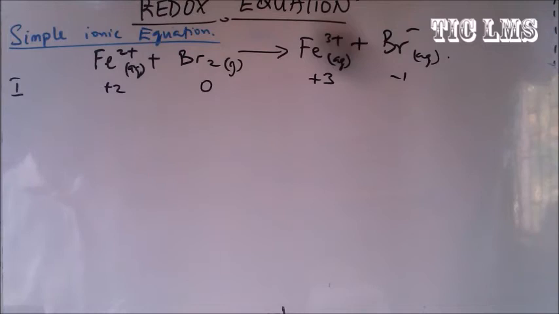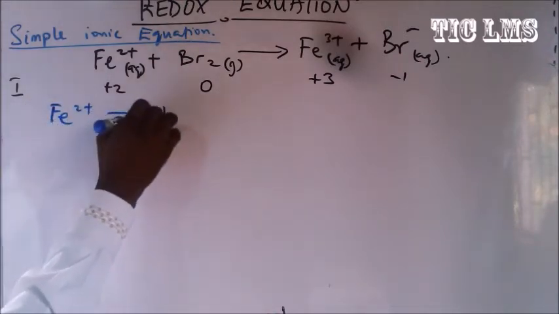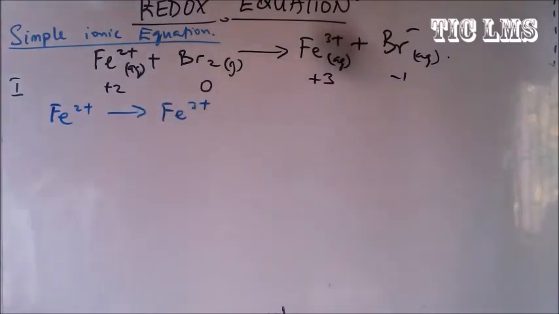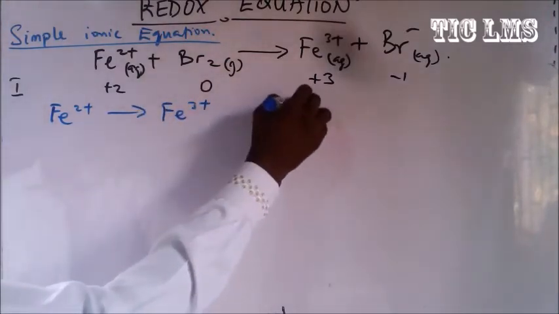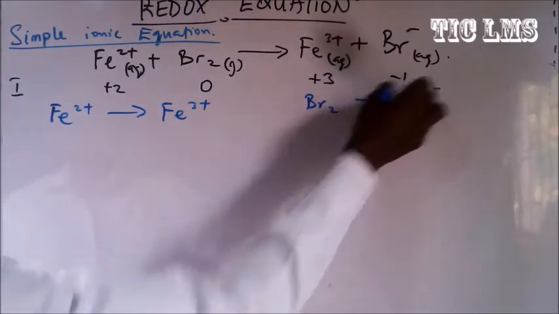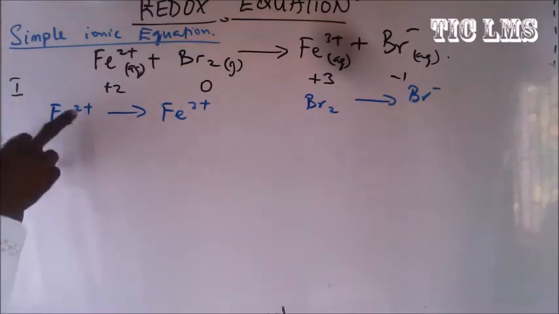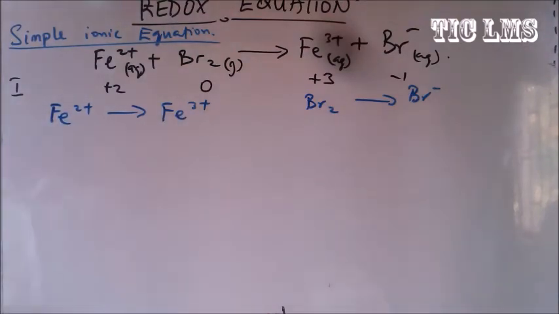Next is to write the half-cell reaction for both oxidation and reduction reaction. For iron, we have Fe2+ becoming Fe3+. And then for bromine, we have Br2 becoming Br-. There's an increase from 2+ to 3+.